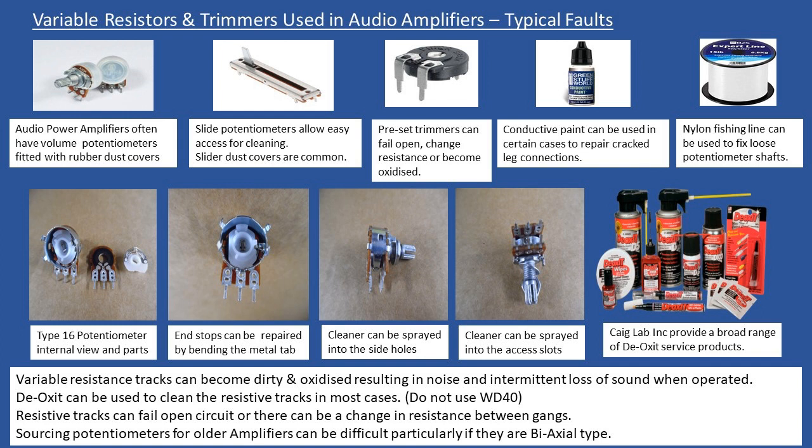And we're very familiar with this, where you adjust the control and you get this scratchy sound or maybe a rustling sound, and then you get this intermittent loss of audio, and that's very, very common. So what these rubber covers do is help to try and mitigate that.